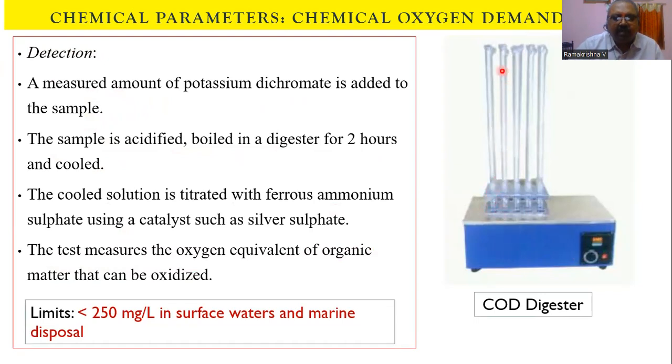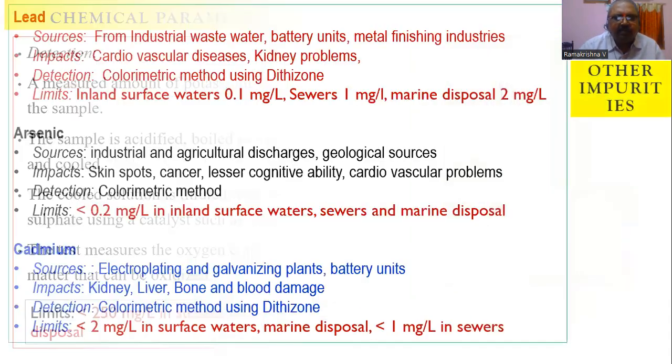The vapors will rise to the top, get cooled, and form into this condenser. The cooled solution obtained here is treated with ferrous ammonium sulfate using a catalyst such as silver sulfate. The test measures the oxygen equivalent of organic matter that can be oxidized. The limit is that it should be less than 250 milligram per liter when disposed in surface water and marine disposal.